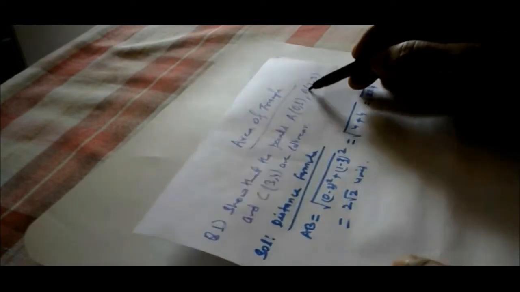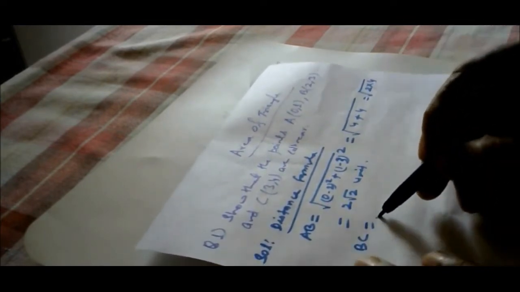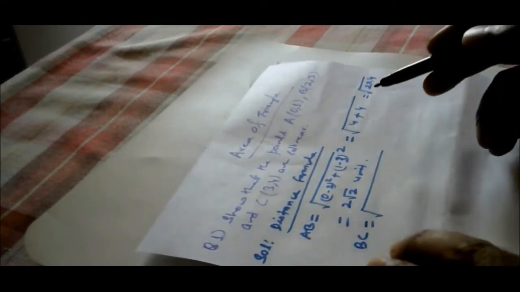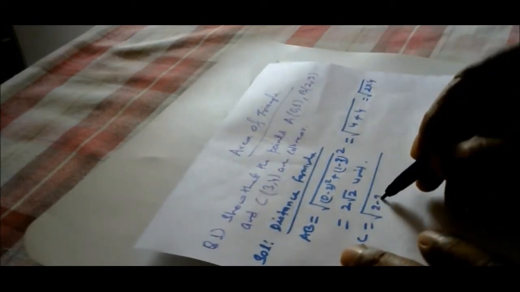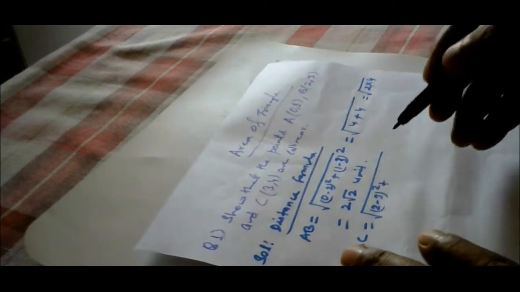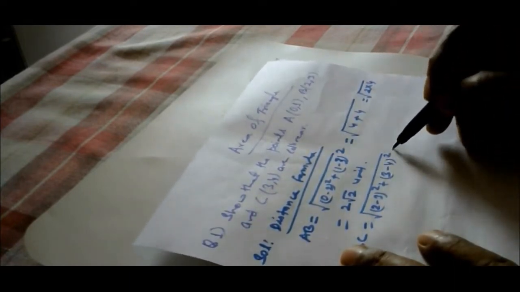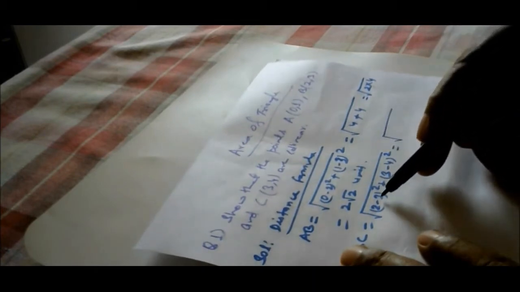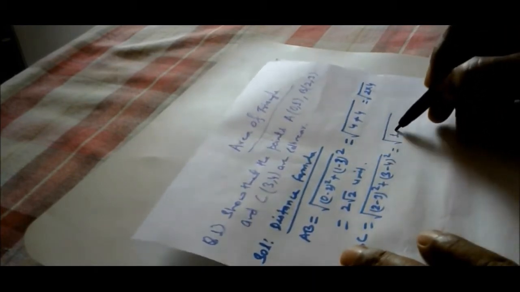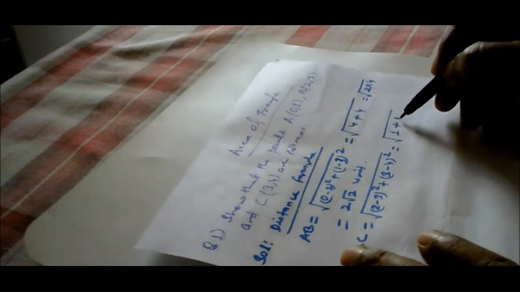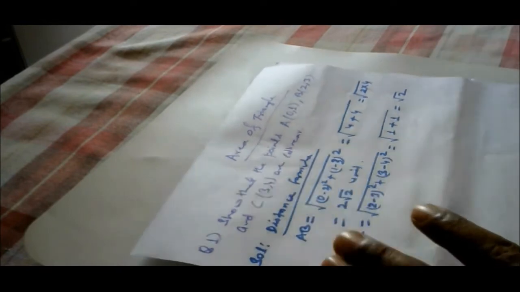Then we will find BC, the distance BC. So when we are finding BC, again (2 minus 3) whole square plus (3 minus 4) whole square. Minus 1 whole square will become 1 only, and here also minus 1 whole square will become 1 only, and this gives us root 2.